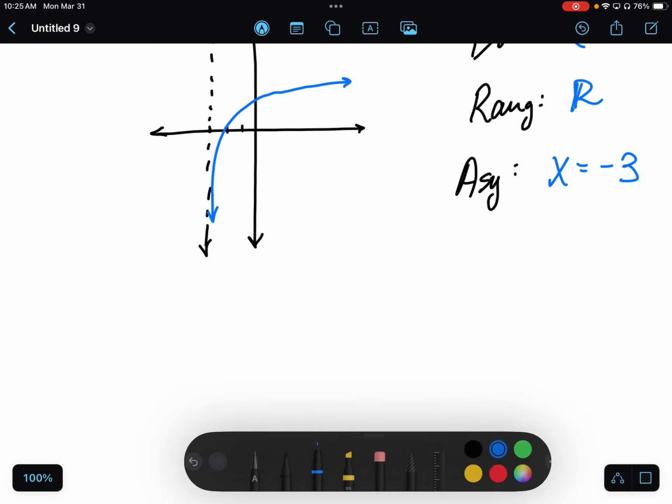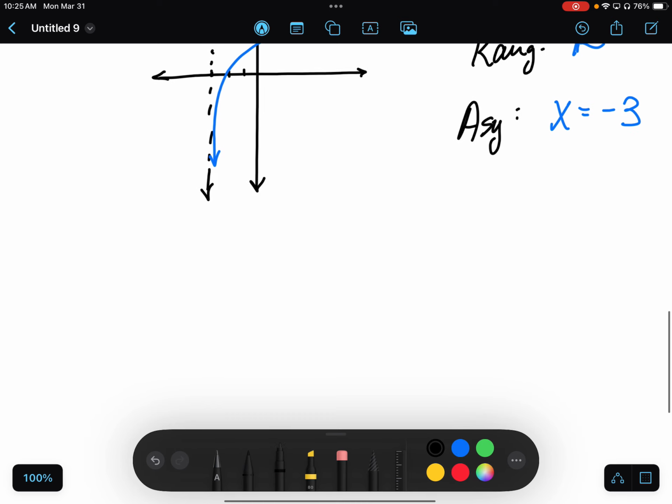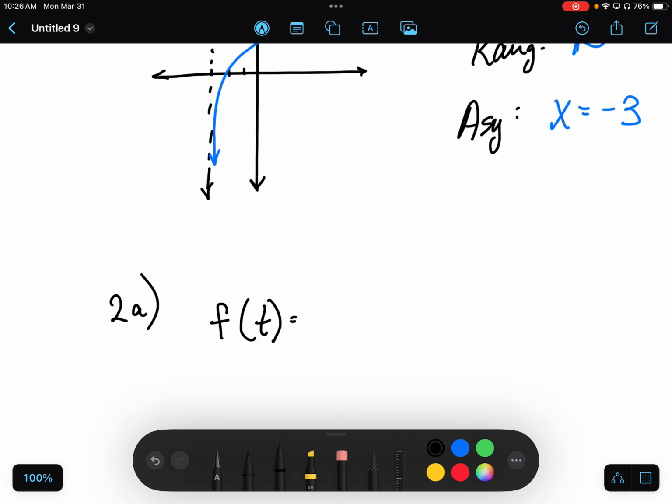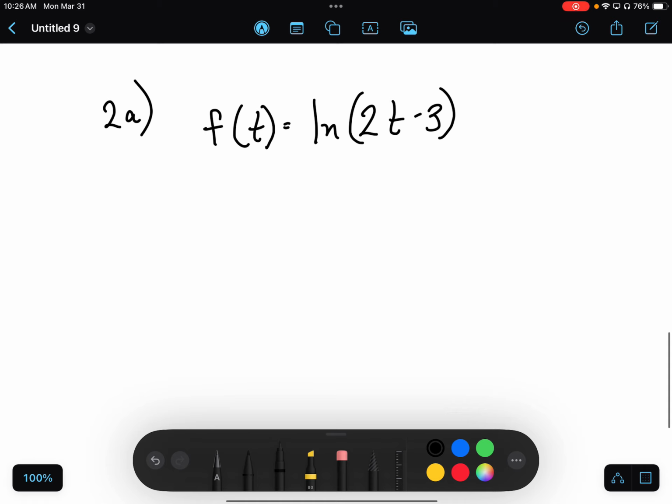Number 2. Has f of t equals natural log of 2t minus 3. And for that one, for the domain, remember that gets restricted.